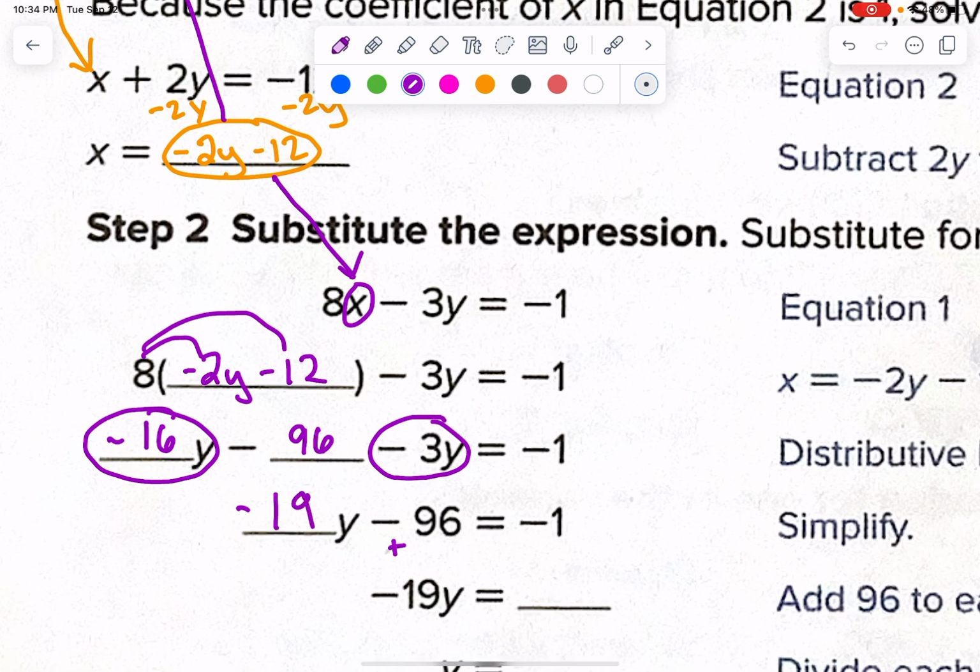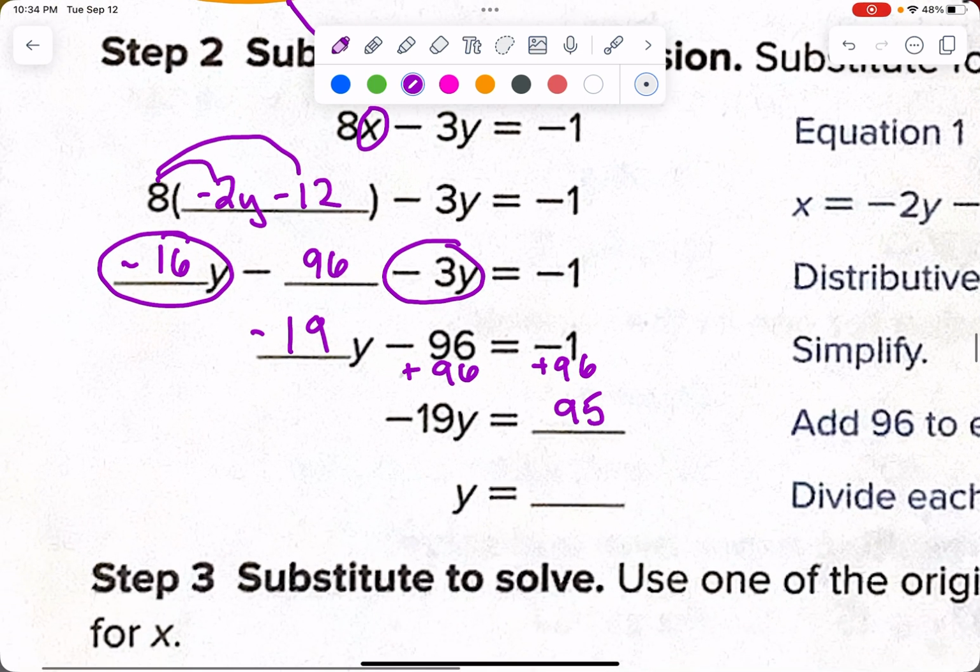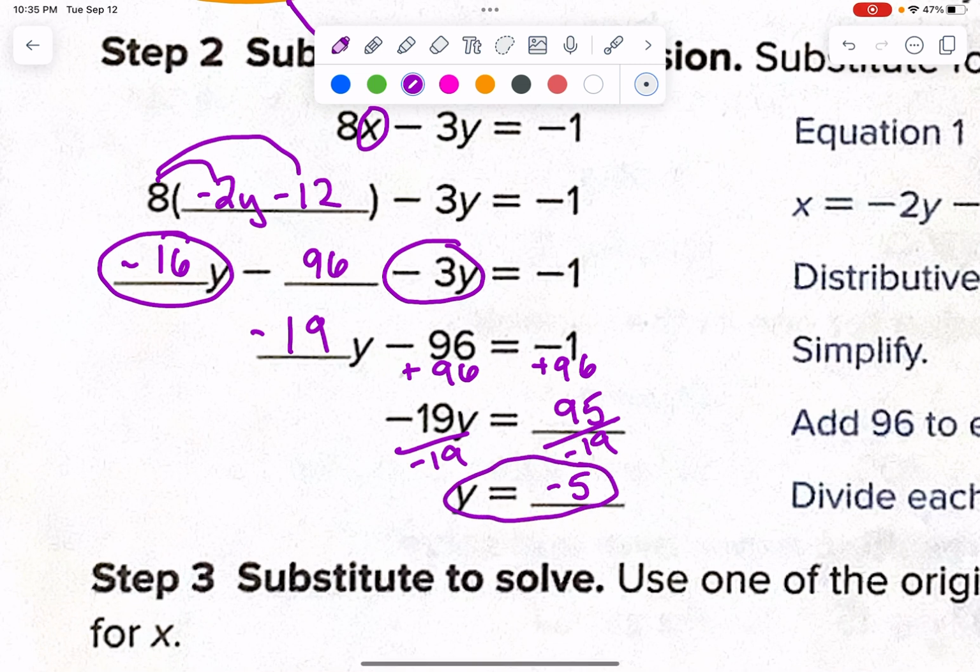Then if I add the 96 to the other side, negative 1 plus 96 is going to be 95. And if I divide by negative 19, I get negative 5. Negative 5 is what my y value would be. So I have found the y value.